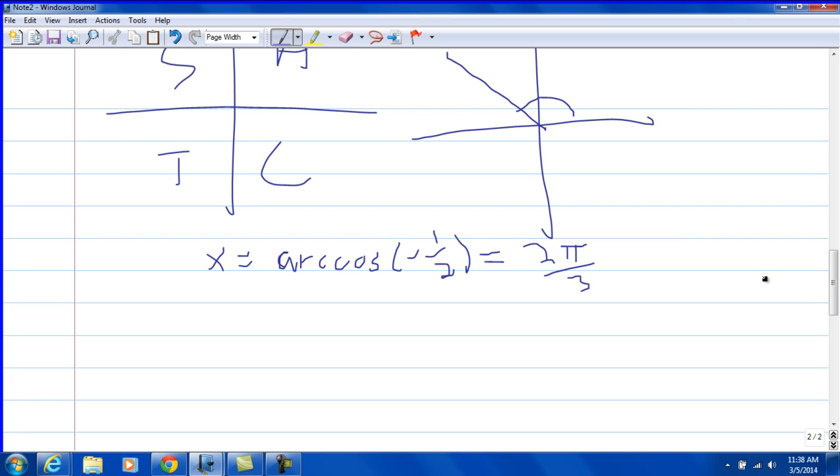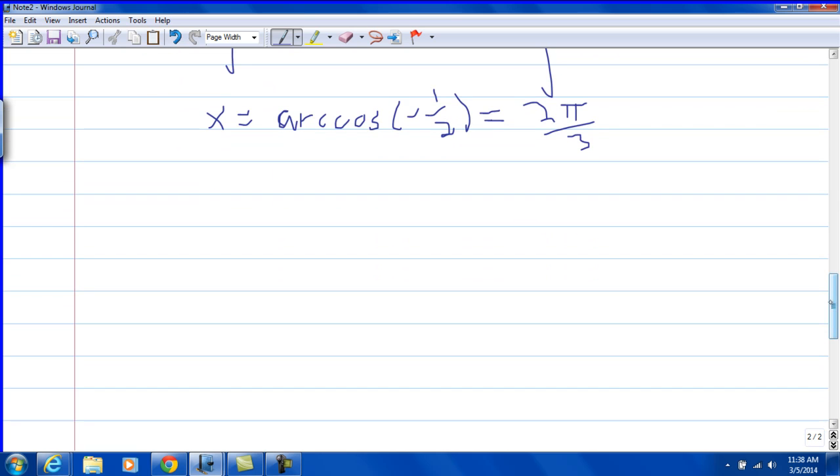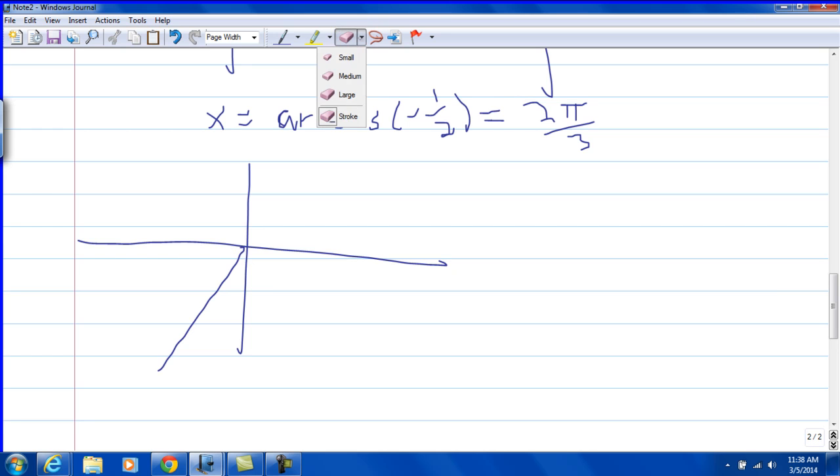So if this is 2 pi over 3, we also need to find where else it's going to be. Now I want to point something out. This part's 2 pi over 3.